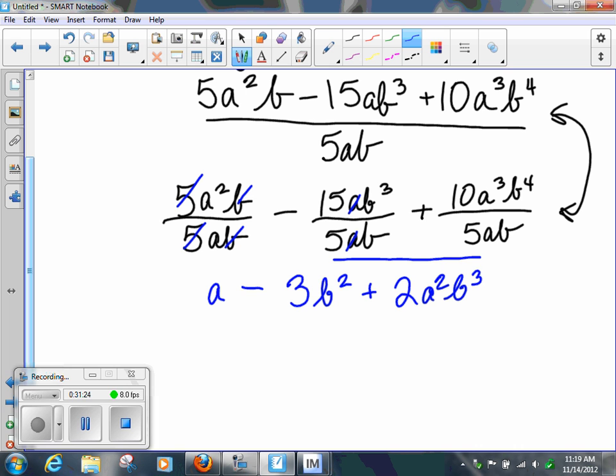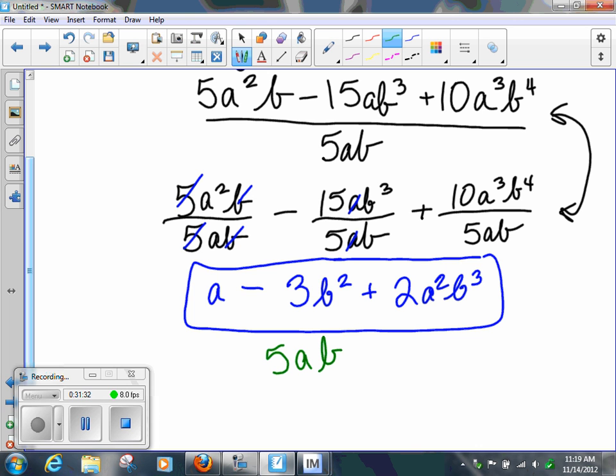So what? Ted, what was your question? If you would have taken out the GCF, it would have been 5AB, which would have left you A minus 3B squared plus 2A squared B cubed.